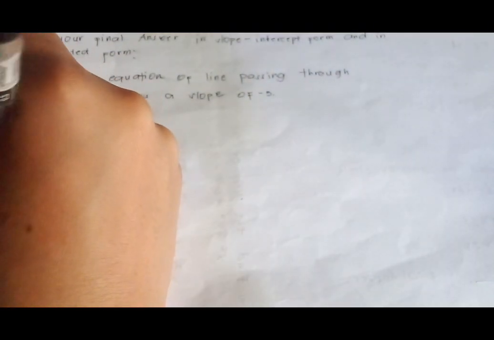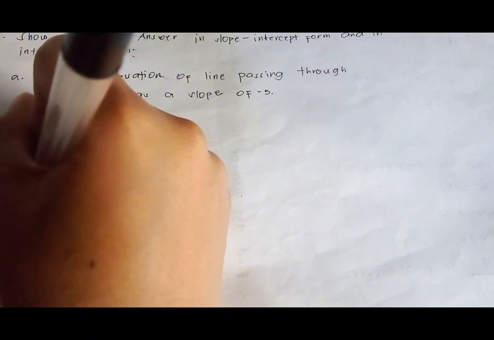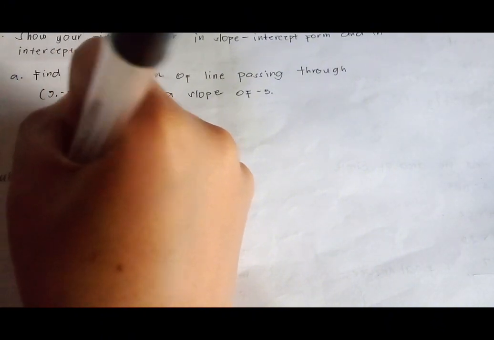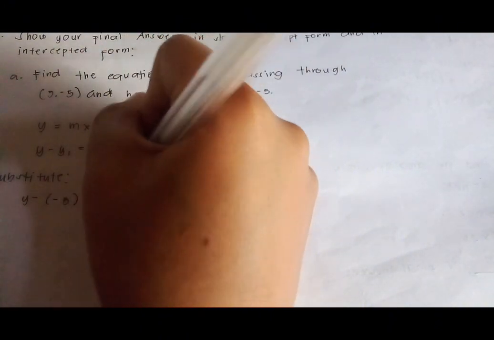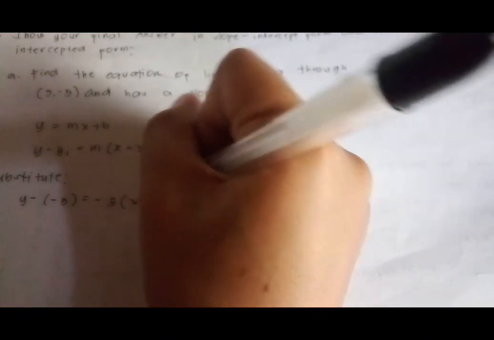So, to substitute, the slope m is equal to negative 5, and x sub 1 and y sub 1 are 5 and negative 5. So, we have here y minus negative 5 is equal to negative 5 times (x minus 5).